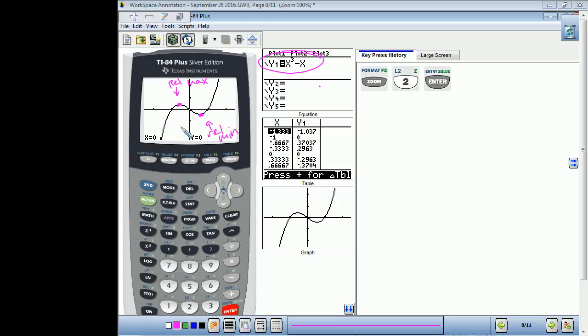There's your minimum. That point right there. And how would I write that? 0.58, comma, negative 0.38. Right, yes, negative 0.38.